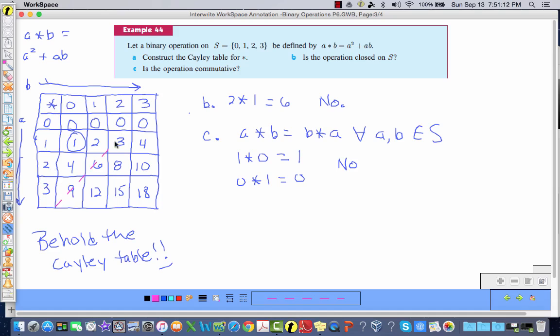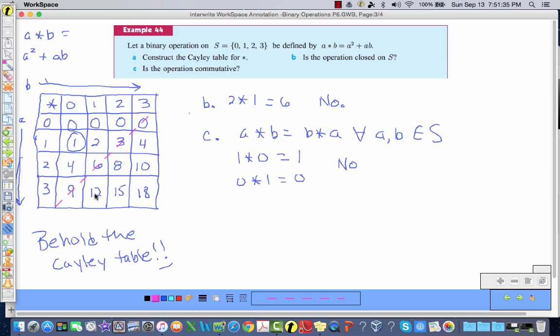I'm going to start here and draw my main diagonal. If the table is symmetrical about the main diagonal, then you know that the operation is commutative. We'll see that more clearly in the next example.